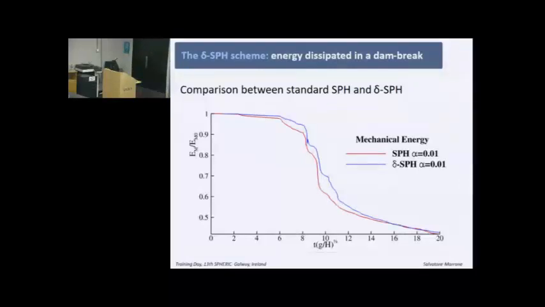In red is the standard SPH, in blue the Delta-SPH, and we see that the mechanical energy is dissipated faster in the standard SPH. So even if in this curve we added a further diffusive term in the continuity equation, we are less dissipative in terms of mechanical energy, because our pressure field is more regular, so we make less error with respect to the standard SPH scheme.